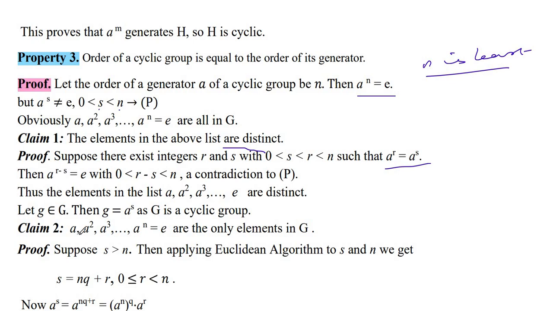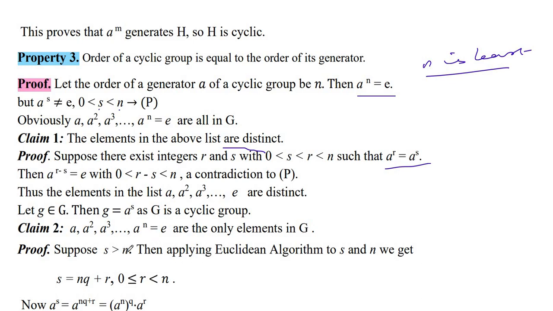We have a, a squared, a cubed, and so on, up to a^n, which is e, and we claim these are the only elements in G. We know pretty well these are all in G and they are all distinct. But we are going to show that other than these elements, you cannot have any element in G.